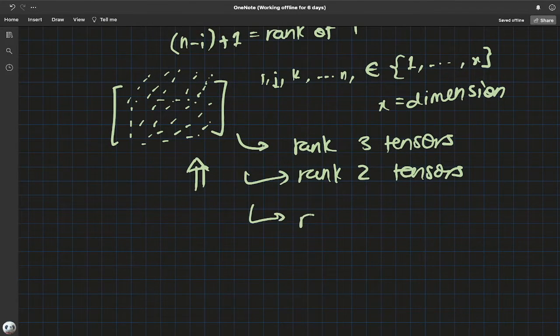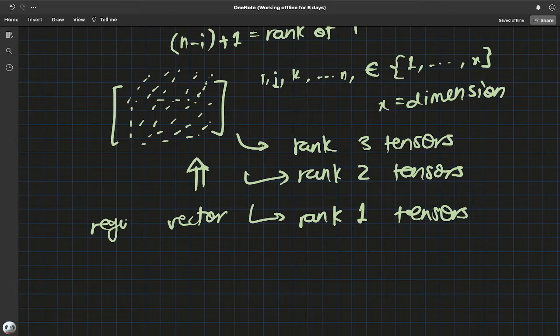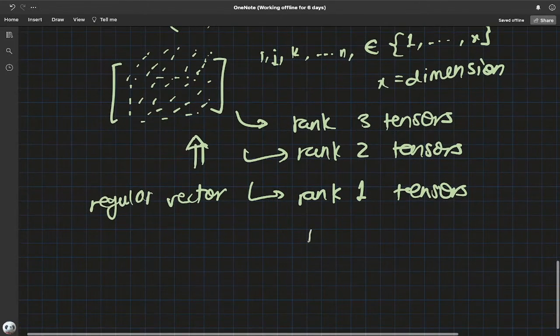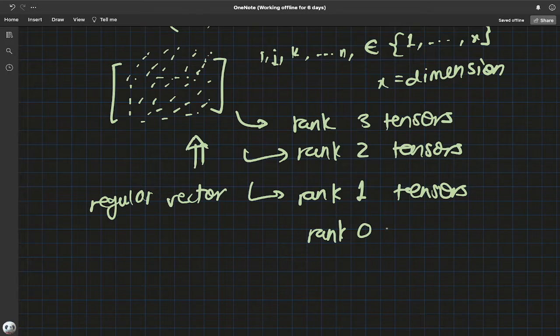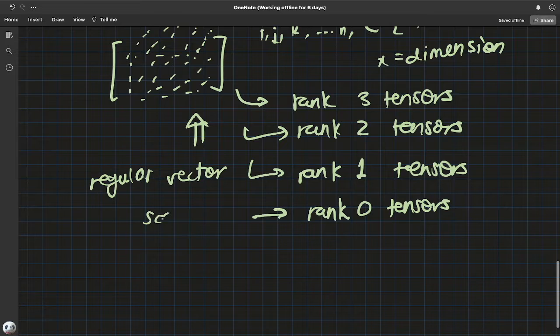Now rank 1 tensors, which means each basis tensor has 1 vector, which means it is just a standard vector. So it's a regular vector. Rank 0 tensors, which means you don't have any basis vectors in the tensor components, which means you just have a scalar.